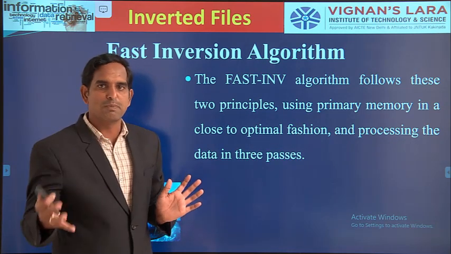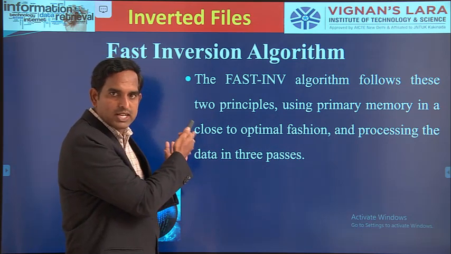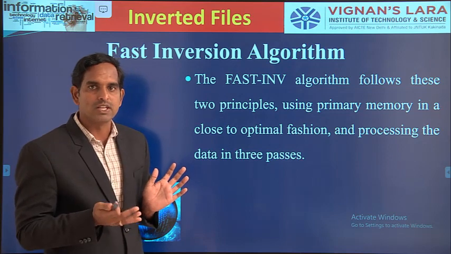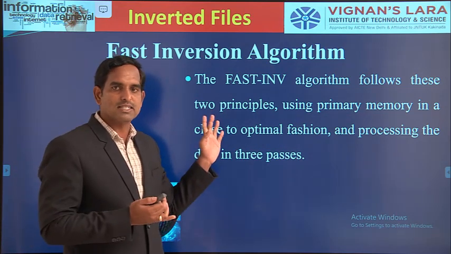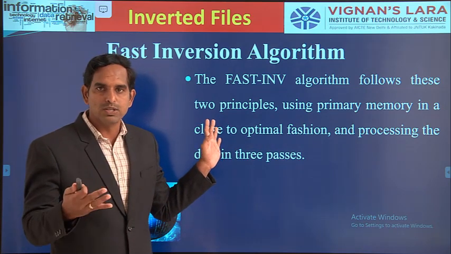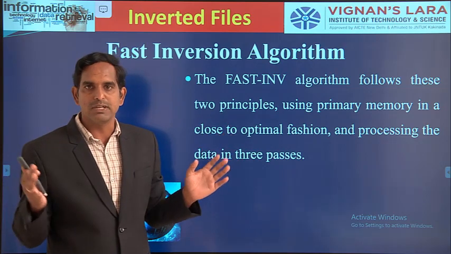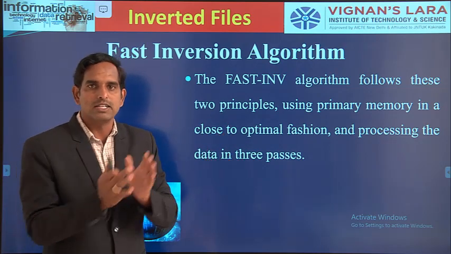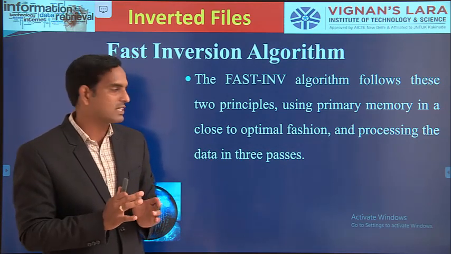Database will be present in the secondary memory, but the memory we are considering is the primary memory. So even if your database is 1 GB, it will break it down into 10 MB parts, and it will move all the 10 MB parts in an optimal fashion.